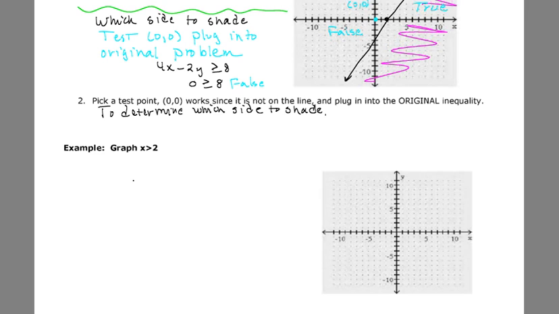Well, I need to graph the associated line that goes with that, so I'll replace the inequality with an equal to, and I'll graph this boundary line, x equals 2. We have to decide if that boundary line is solid or dotted. Well, it's a greater than 2, it doesn't have the equal to, so it's going to be a dotted or dashed line.